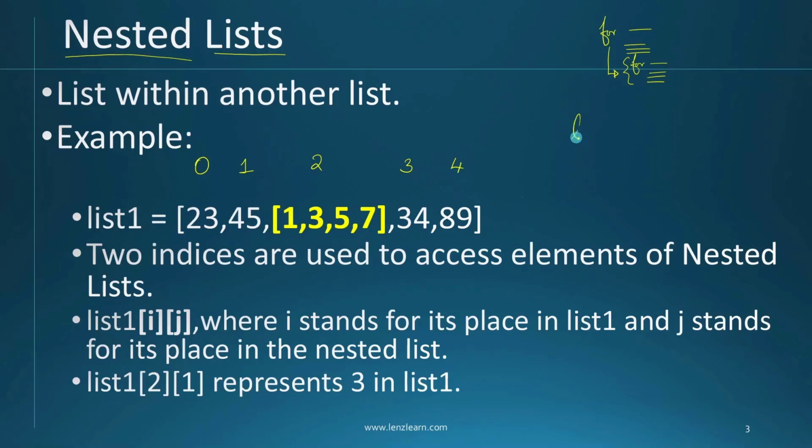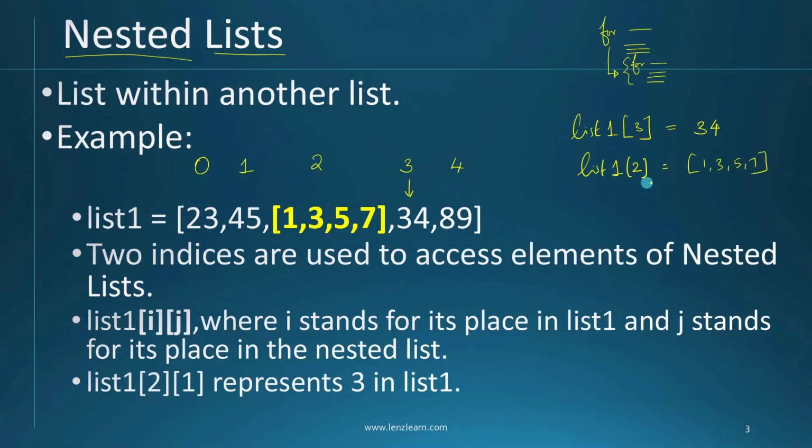Now if I write list1[3], you know the value is 34 because 34 is available at index 3. But if I write list1[2], then it is going to give me the entire content of this list. So the result is going to be [1, 3, 5, 7].